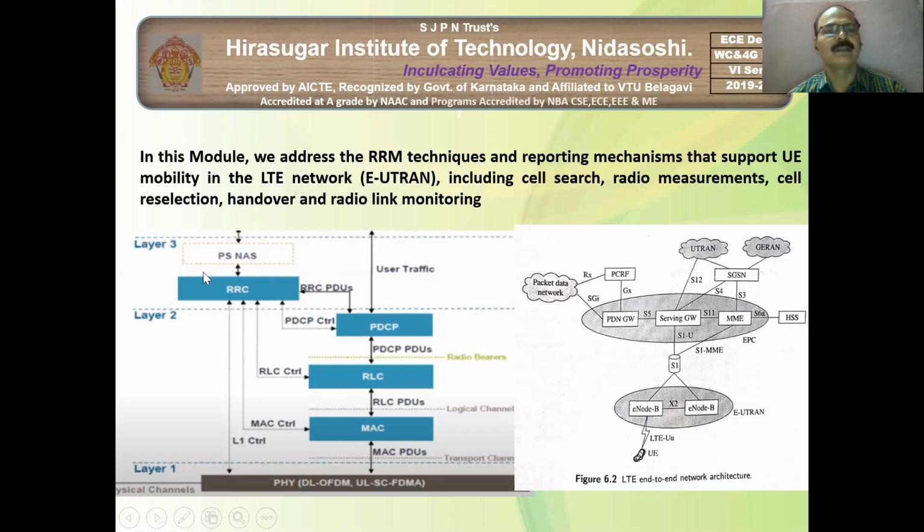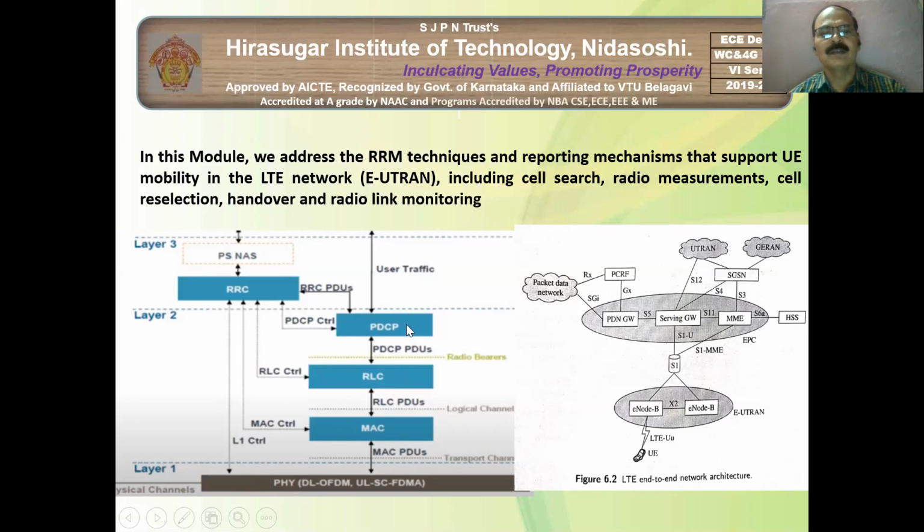Layer 2 is the MAC layer, the RLC layer, radio link control, and the packet data convergence protocol, PDCP. These three come in layer 2, and the physical layer is layer 1. Here we studied the MAC layer, radio link control, and PDCP.